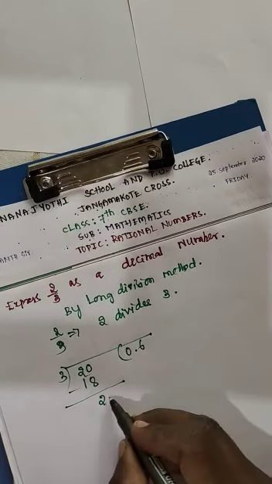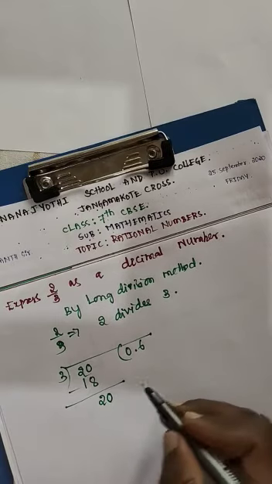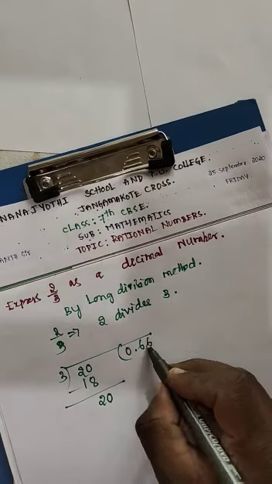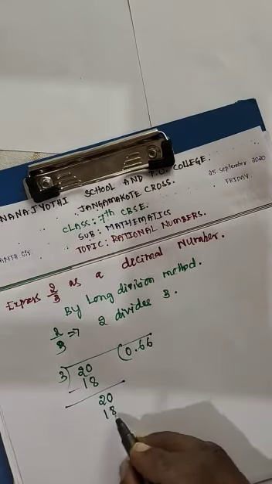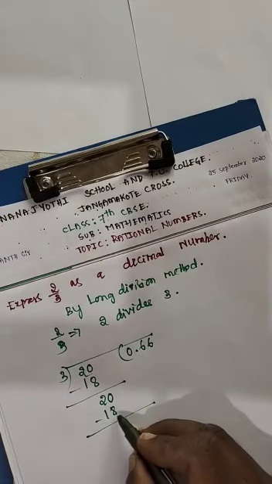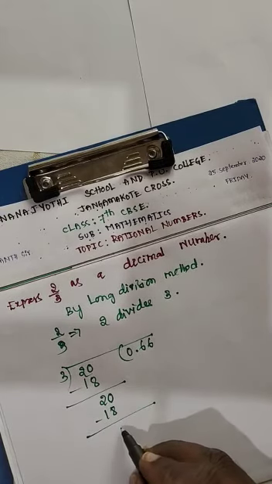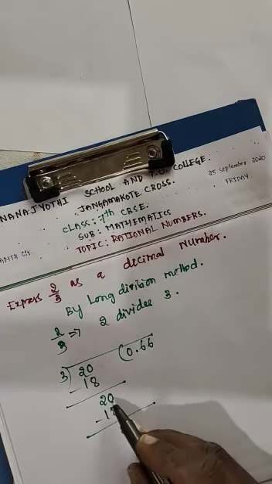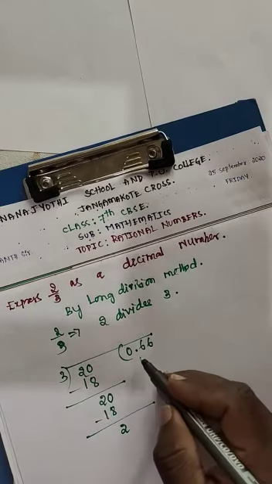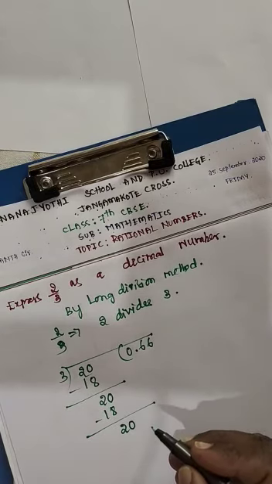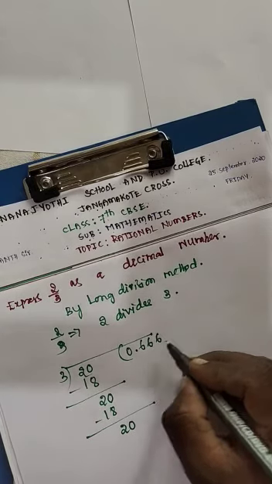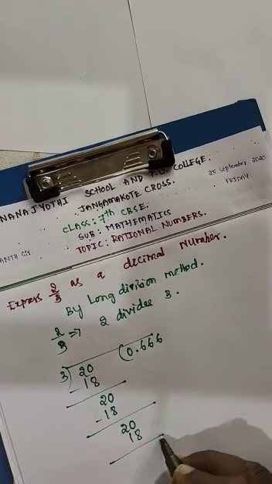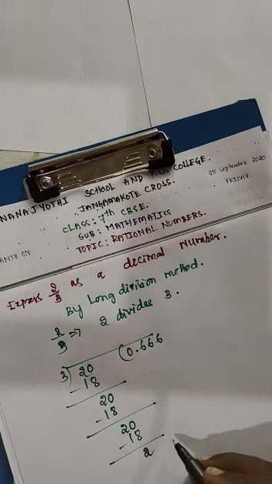Again by taking a decimal 0, 2 becomes 20, again 3 6s are 18, so 20 minus 18, we get remainder 2. By taking the decimal, 2 becomes 20, again 3 6s are 18, so 20 minus 18 is 2.